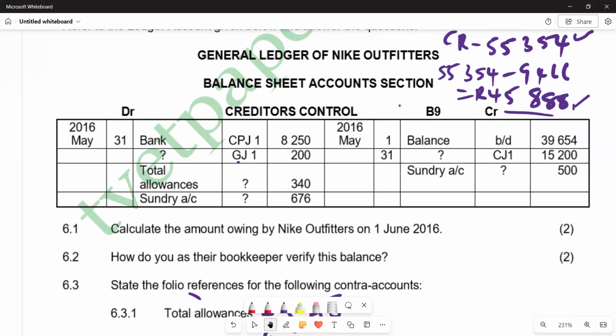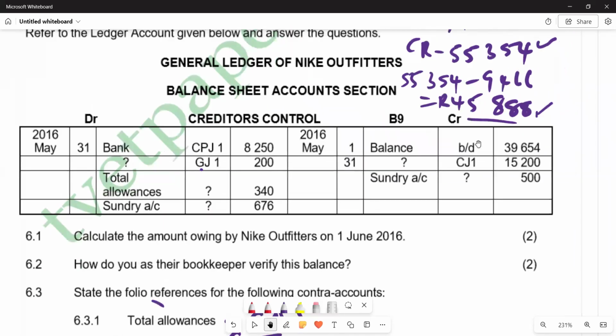So for 6.5, we can just refer to it as transfers of balances from debtors to creditors ledger. So we can just go and indicate it as such.